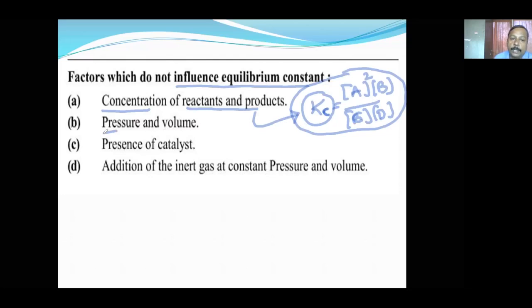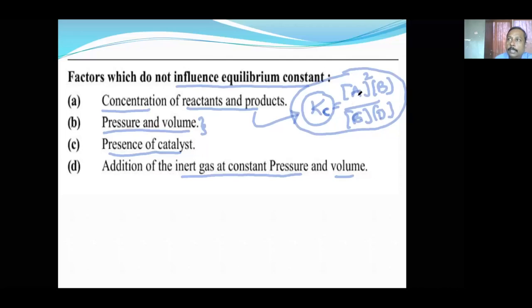Then pressure and volume. You change pressure, you change volume. Initially it may be disturbed, but after that it will come back to the equilibrium state. Also the presence of catalyst and addition of inert gas at constant pressure and volume.